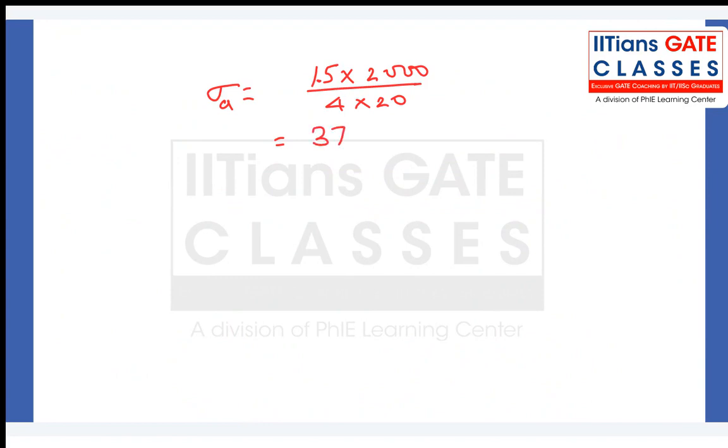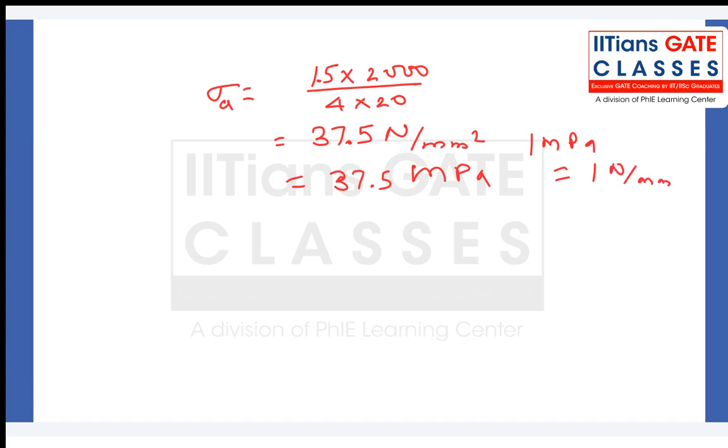Now, if they ask the answer in megapascal, what will it be? It's the same, 37.5, because 1 megapascal is always equal to 1 Newton per mm square. That's the important thing.